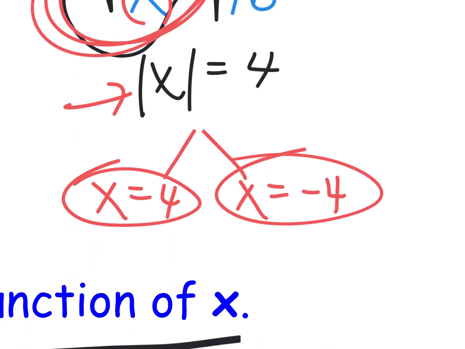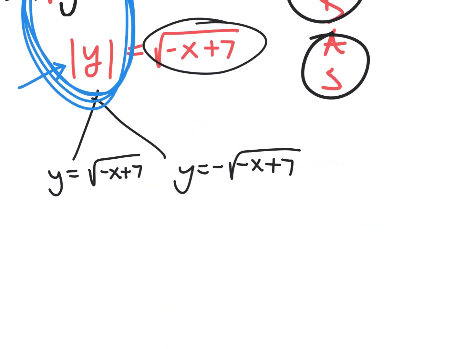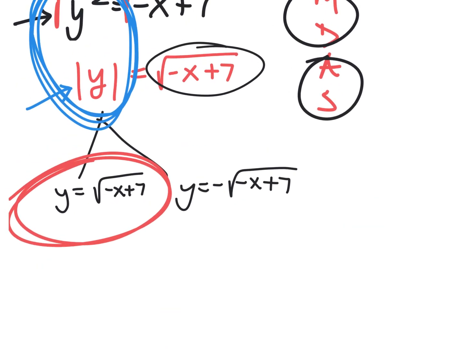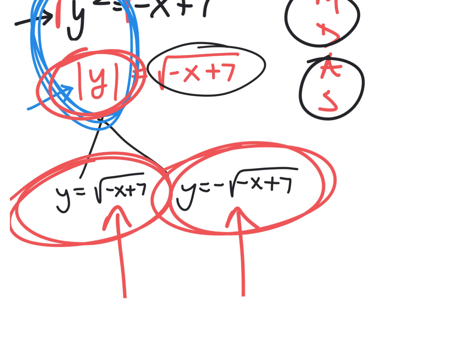Okay, so see how it came out to 2 answers? Well, same with the one we just did. This one, it came out to 2 answers because it was the absolute value of y. If it comes out to 2 answers, it's not a function. Remember, the whole goal is to tell if something's a function or not. And if you get 2 equations when you solve for y, it's not a function.